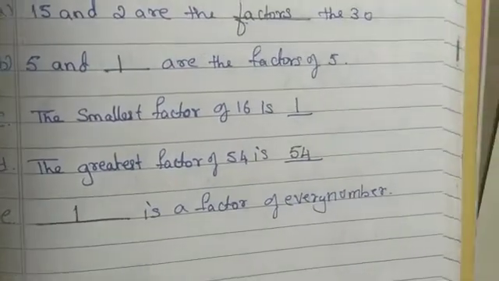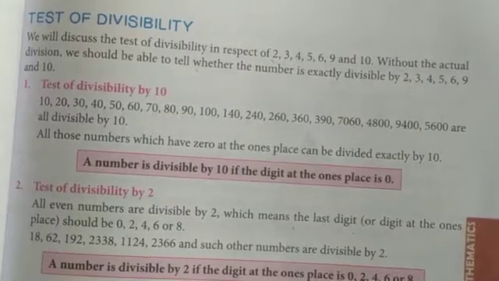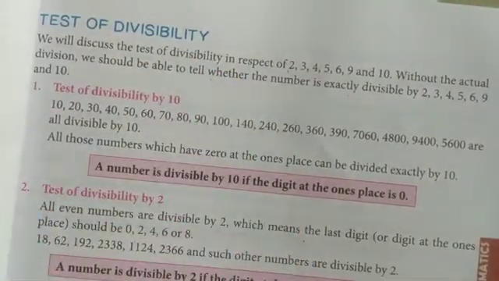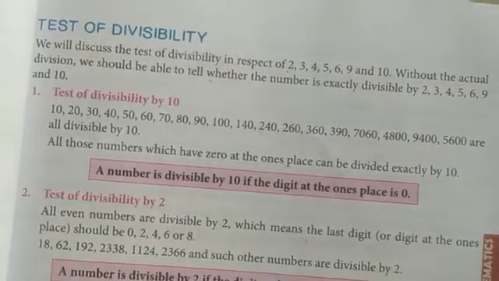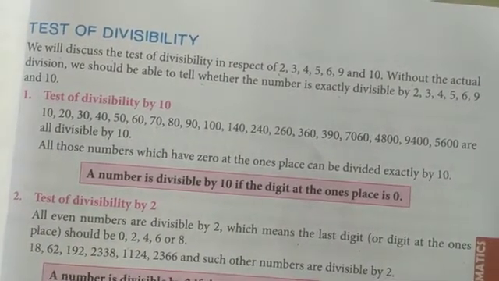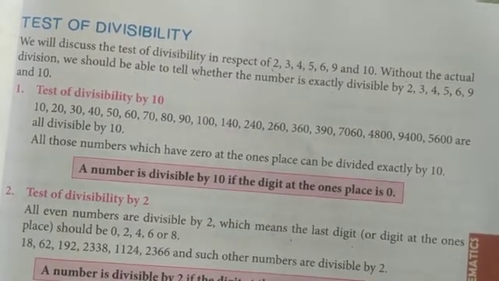Now I am going to explain the tests of divisibility. We will discuss the tests of divisibility in respect of 2, 3, 4, 5, 6, 9 and 10 without the actual division method.